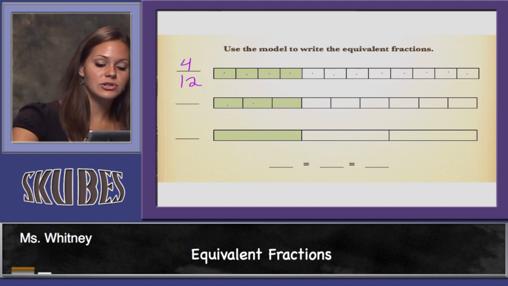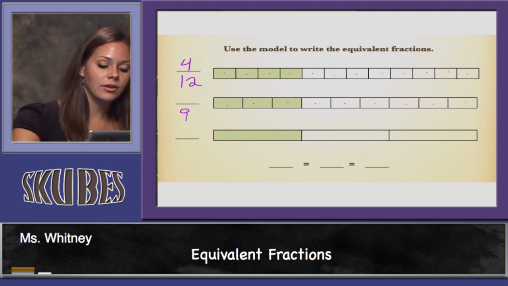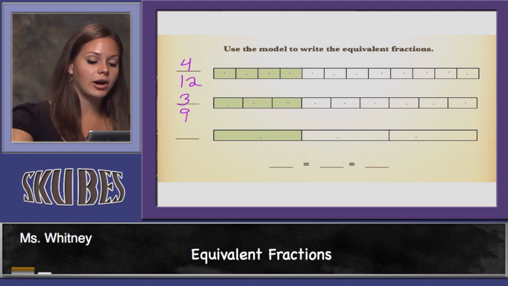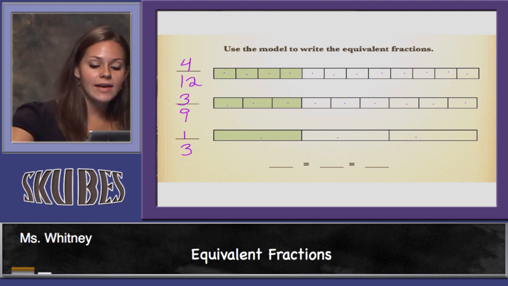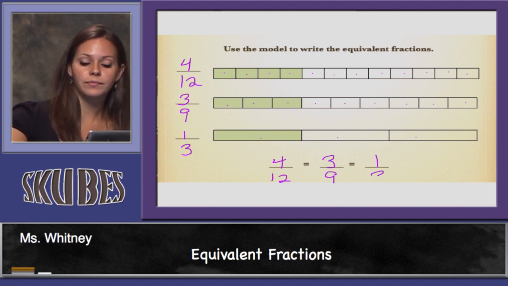Next we have 1, 2, 3, 4, 5, 6, 7, 8, 9 equal parts with 3 parts shaded. And last we have 1, 2, 3 equal parts with 1 part shaded. We have found that 4/12 is equal to 3/9 and 1/3.